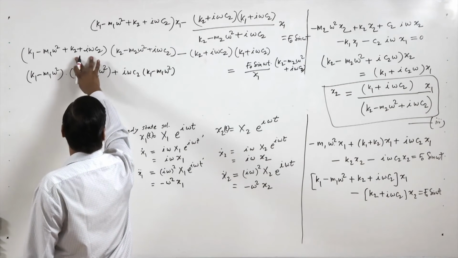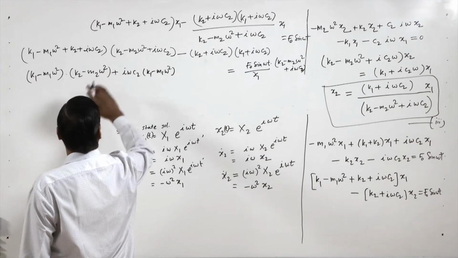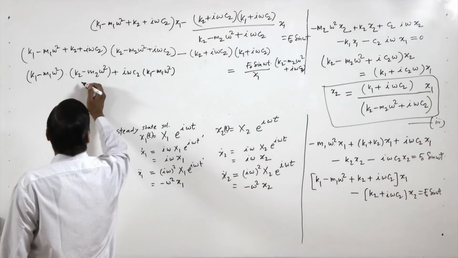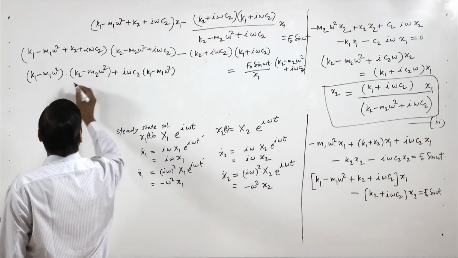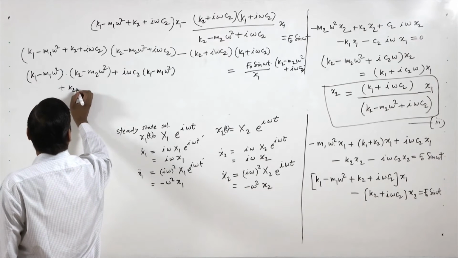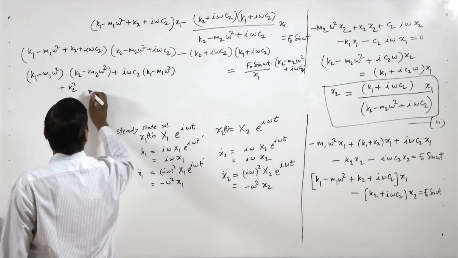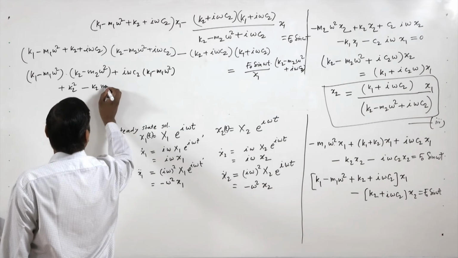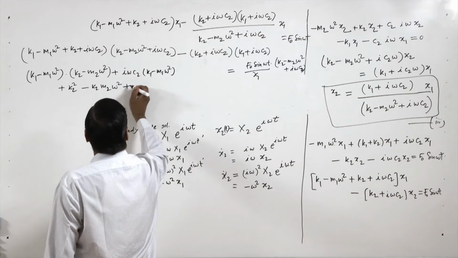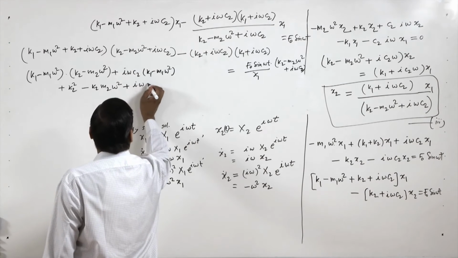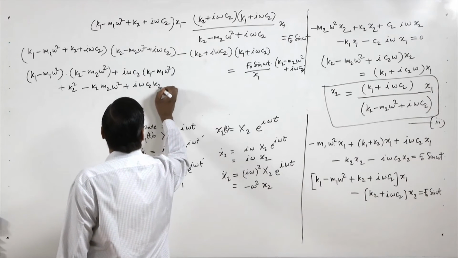Now we have to multiply these terms with these terms. So we multiply with k2, so it is plus k2 square minus k2 m2 omega square plus I omega c2 k2.